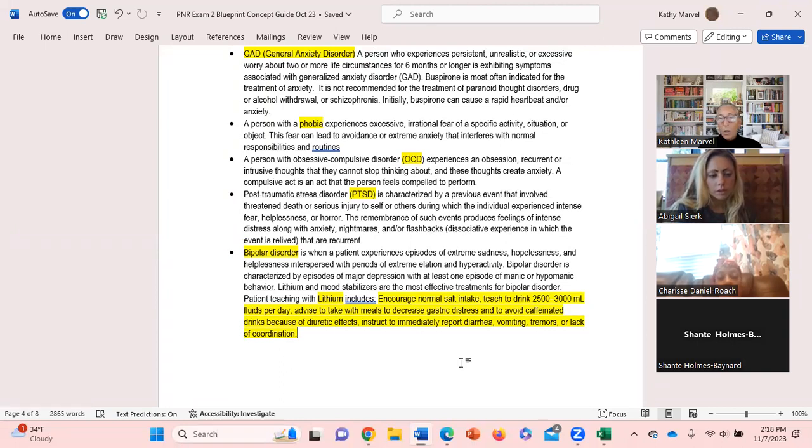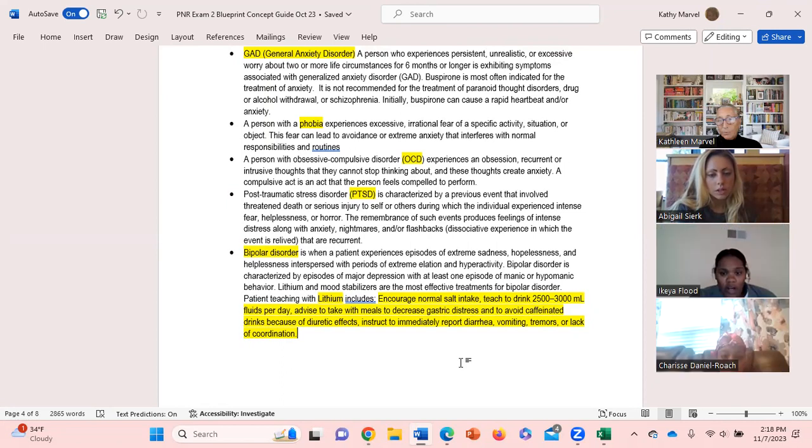When you're teaching a client who's been recently prescribed lithium, what are you going to teach them? Encourage them to have the normal salt intake, exactly, drink the fluids. So clinically focused, you're doing teaching, right?